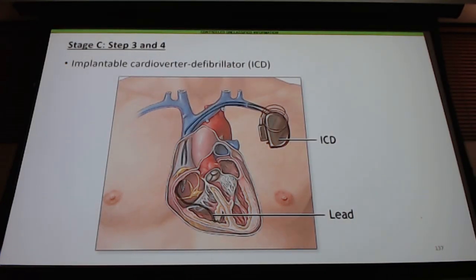Then we talked about the implantable cardioverter defibrillator, where basically it detects an arrhythmia and will shock the patient's rhythm into a normal rhythm, hopefully. There's a certain population where EF gets less than 35%, but they don't have evidence of left bundle branch block, then you're going to use this.